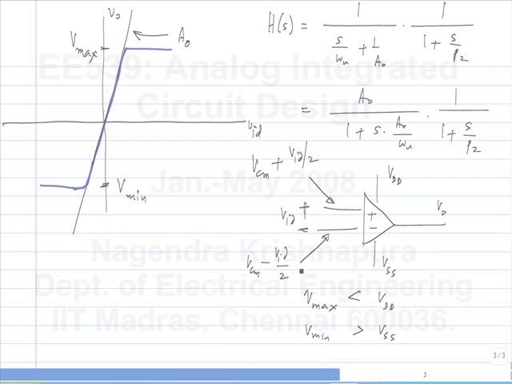And what are possible values of VCM? Is there some fixed value or can you have any value? You would like to have it to be? Why?